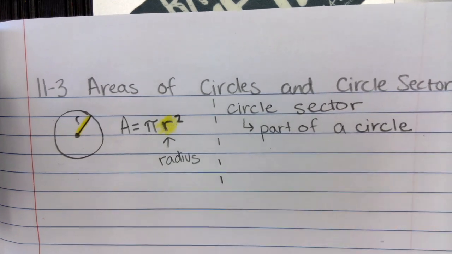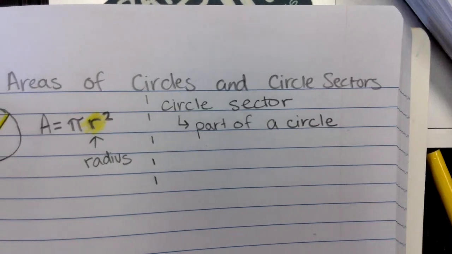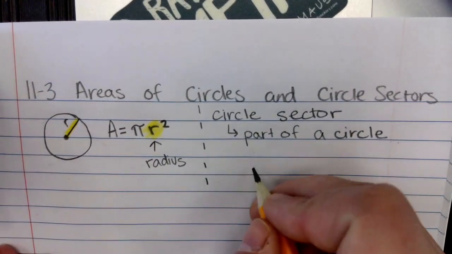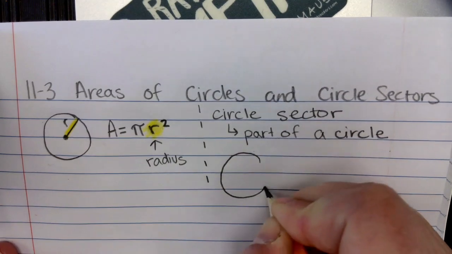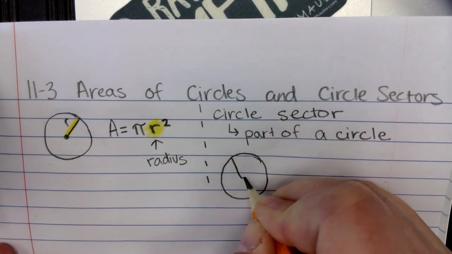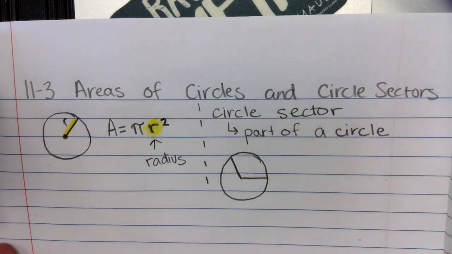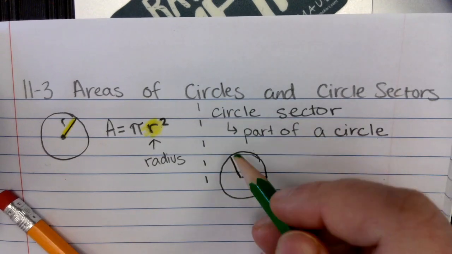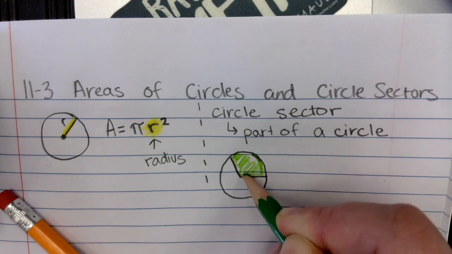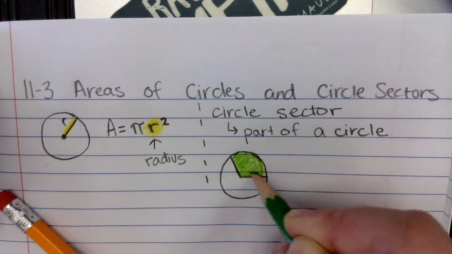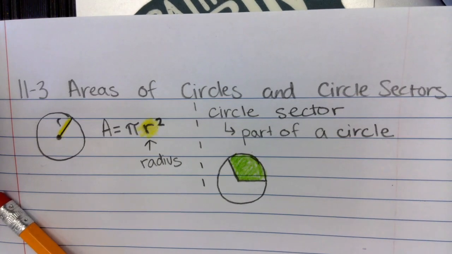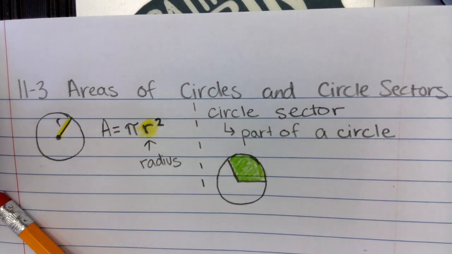So when I look at this, I'm going to have a circle. And part of it might be shaded in or bolded, telling us which part to look at. So if I'm looking at this part here, I need to figure out how can I find the area of just that part of the circle. So I'm going to say A equals, I'm going to leave a little space here for a moment.